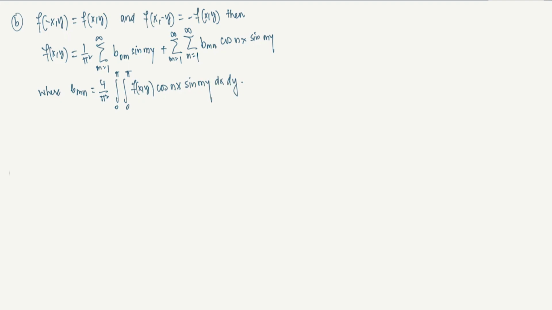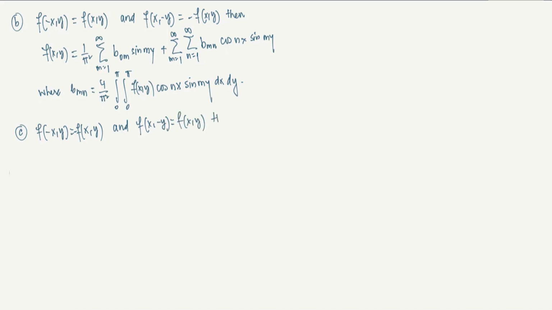Now there are two other cases. Say f of minus x,y equals minus f of x,y, and f of x,minus y is f of x,y.